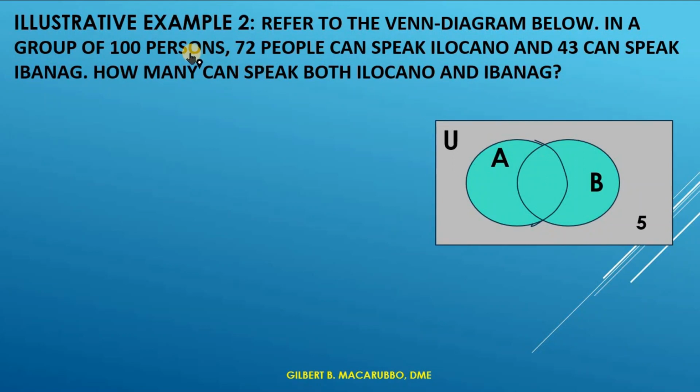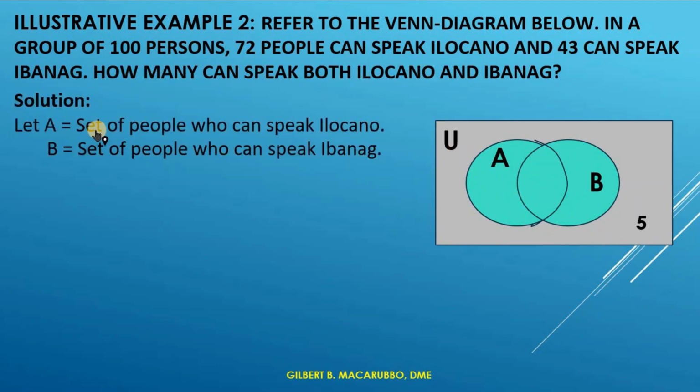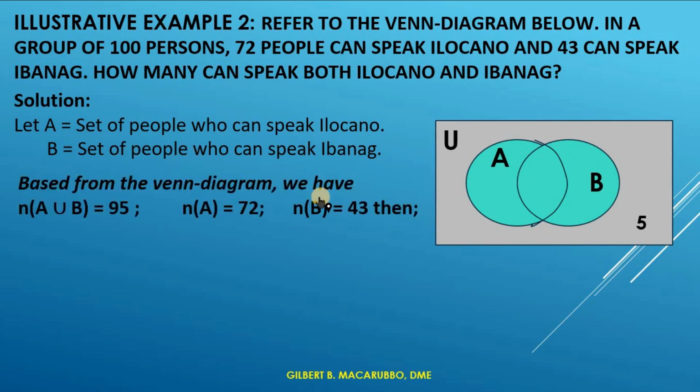Okay. So, let us represent that by the Venn diagram. Set A is the set of people who can speak Ilocano, then B is the set of people who can speak Ibanag. Based on the Venn diagram, the union of A and B, we have 95.